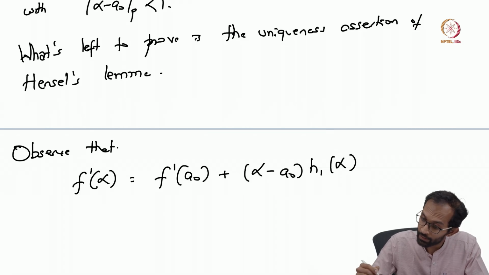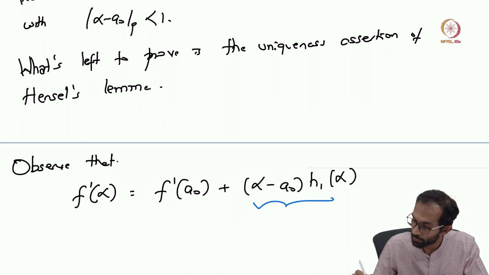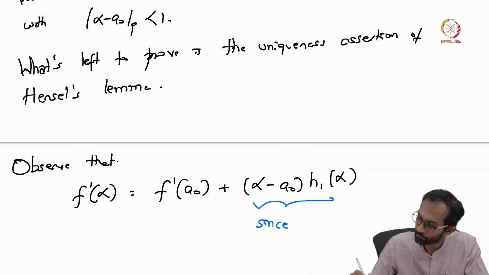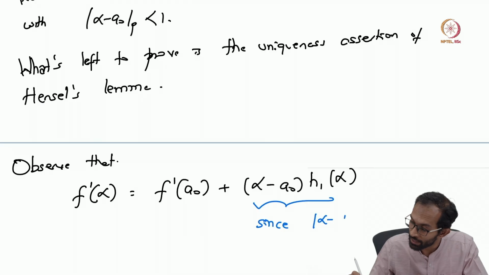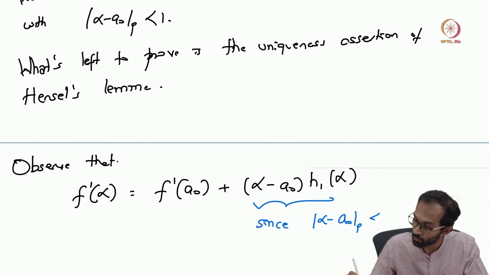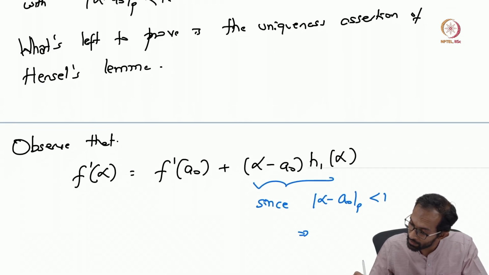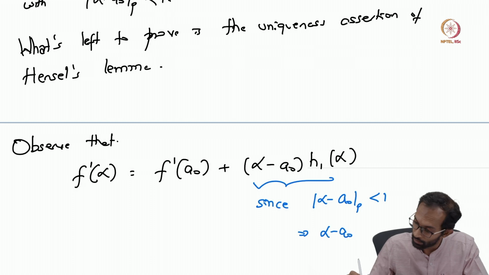So we have just shown that since the periodic absolute value of alpha minus a_0 is less than 1, this means that alpha minus a_0 is congruent to 0 modulo pZ_p.